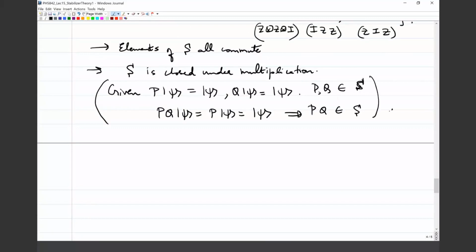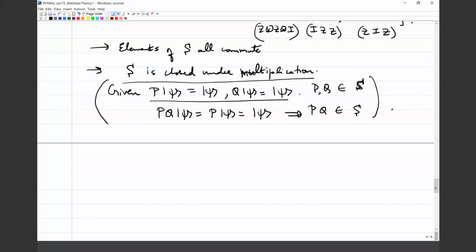So I hope it's clear that whenever one talks about more than one operator, just like how if you talk about more than one state being stabilized by an operator, then there is a vector space structure. Similarly, if you talk about more than one operator that leaves a state invariant, then there is a group structure. So it is not just that set of two operators, it is a group formed by those two operators, right?